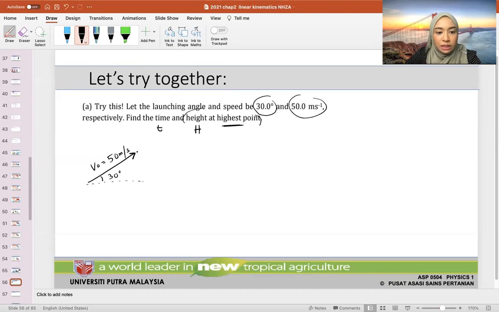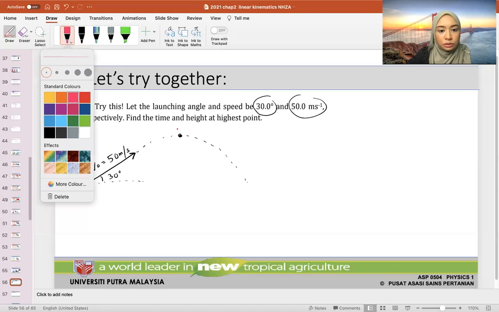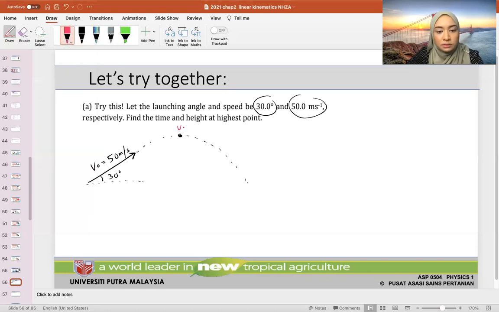So you have your projectile motion, and always your V is equal to 0 at the maximum height. So let's label that. V is equal to 0. What V is it? It's Vy. Let me rewrite that. Vy equals 0. And this is your initial, and this is what we're trying to find, H.